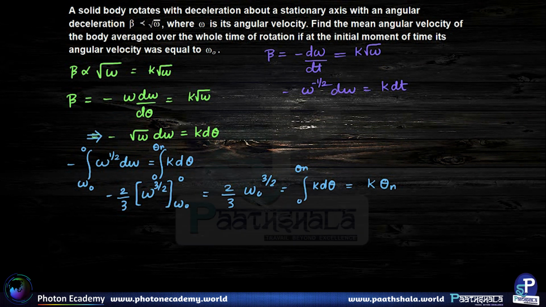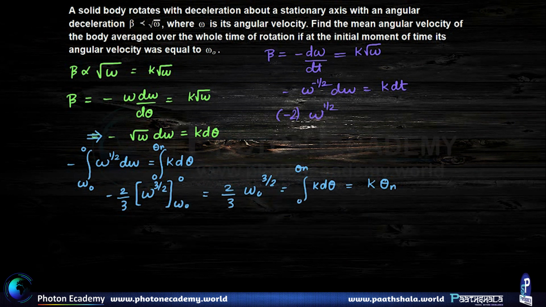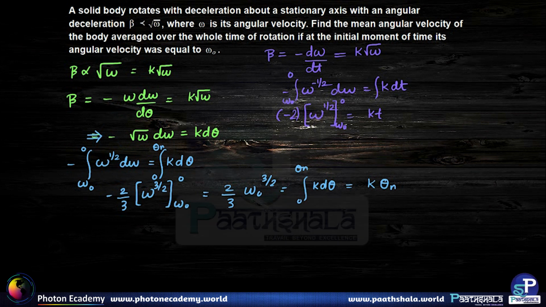This is obvious mathematical manipulation of the equation. After we integrate this, we get omega raised to half over half, so the 2 from the denominator comes to the numerator. Here we get kt, where the limits on omega are from omega naught to 0, and the limits on time will be from 0 to time t.